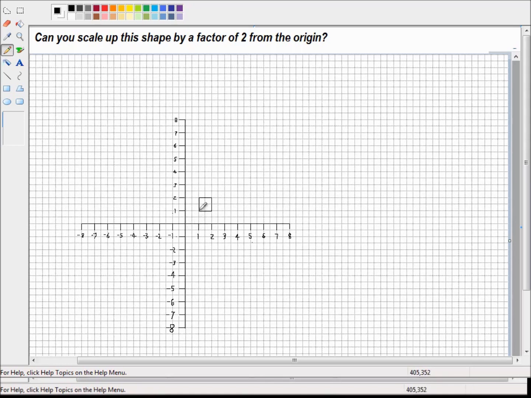So the bottom left corner is at coordinates 1, 1. So that's the object. So the image is going to be 2 times coordinates 1, 1, which is equal to 2, 2. So if I go to 2, 2, that's right there on the very edge.